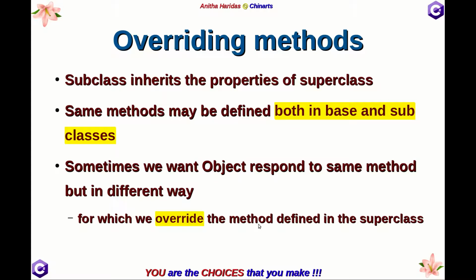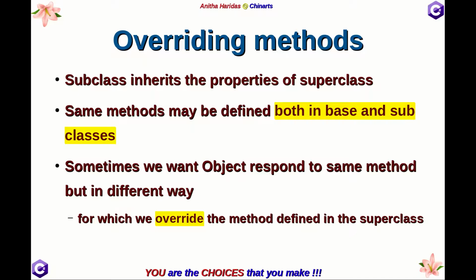All of us know that subclass inherits the properties of superclass. Sometimes same methods may be defined both in base as well as in subclasses. If so, we want the object to respond to the same method but in a different way.